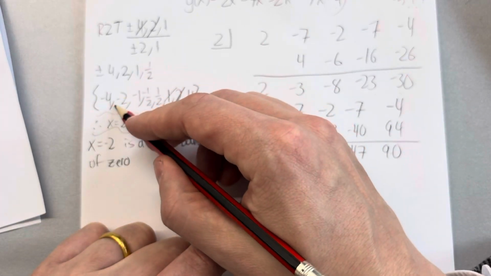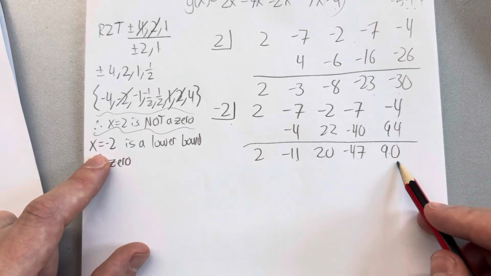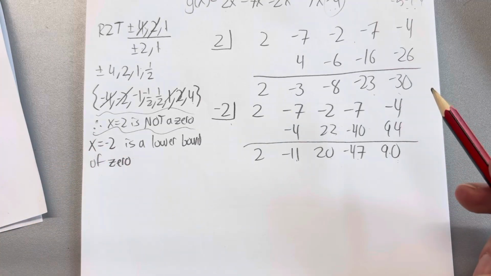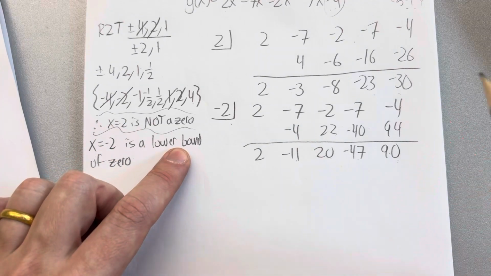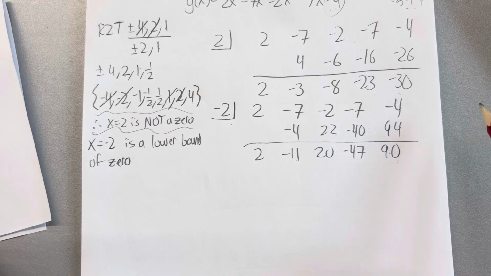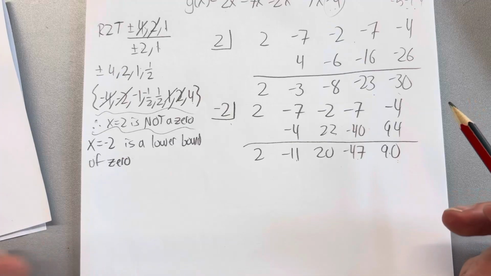And what that means is, of course, we found that negative 2 is not a 0, but it also means negative 4 cannot be a 0, because to say it's a lower bound means there can be no 0 less than negative 2. That includes irrationals. So that was kind of nice.